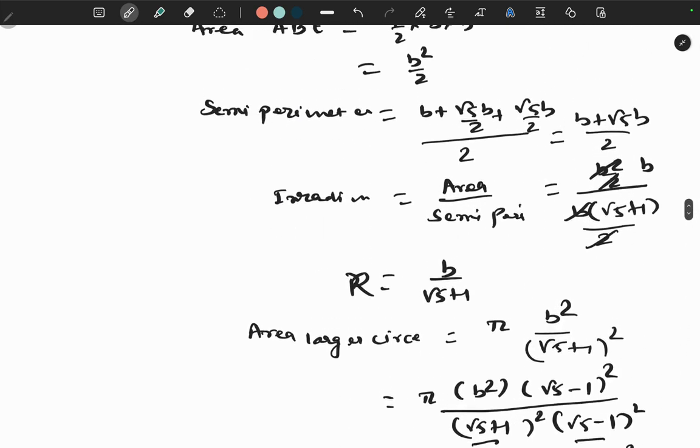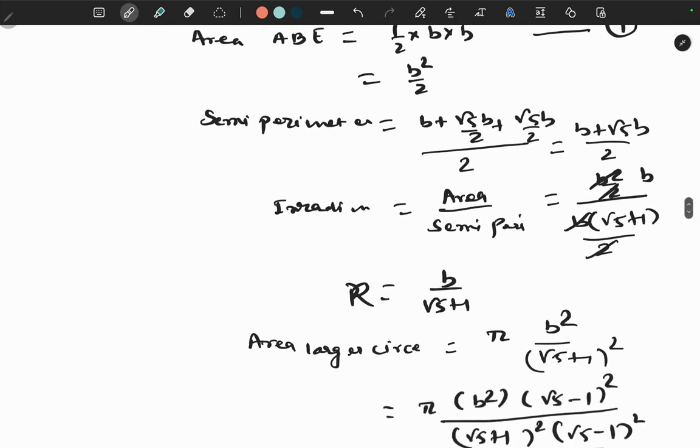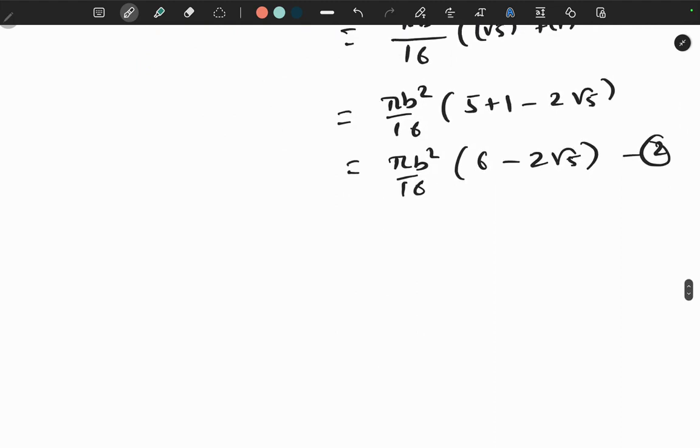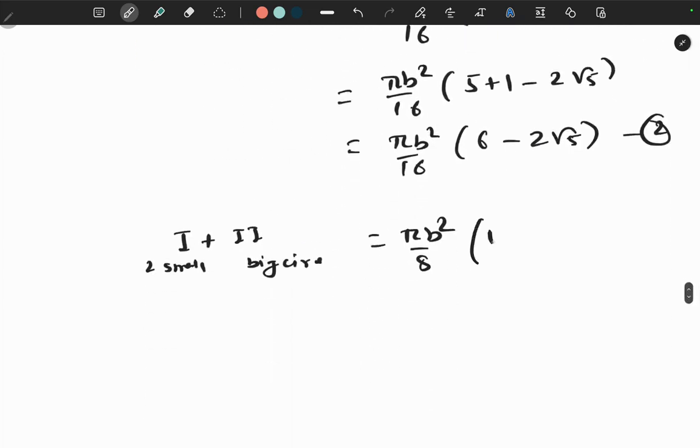And the two smaller circles we have already found out, which is pi b square by 8, 14 minus 6 root 5. Just adding both the areas: one was the two smaller circles' area, this is the big circle's area. So pi b square by 8, 14 minus 6 root 5, and pi b square by 16, 6 minus 2 root 5.